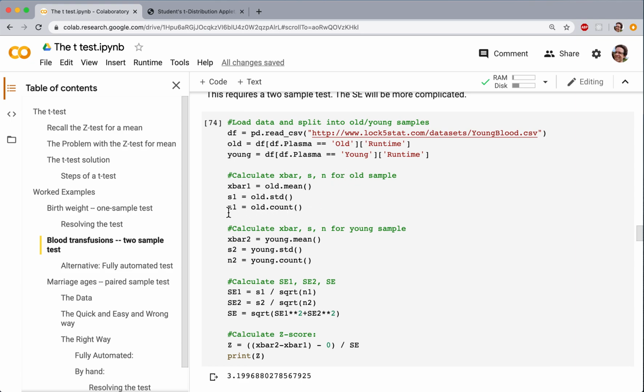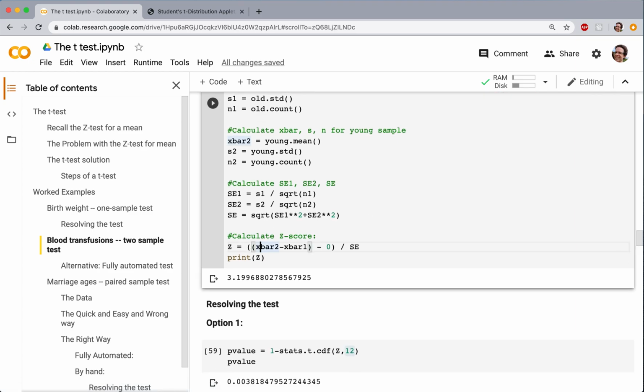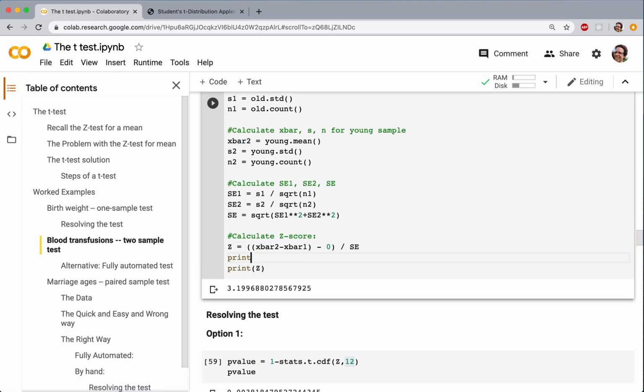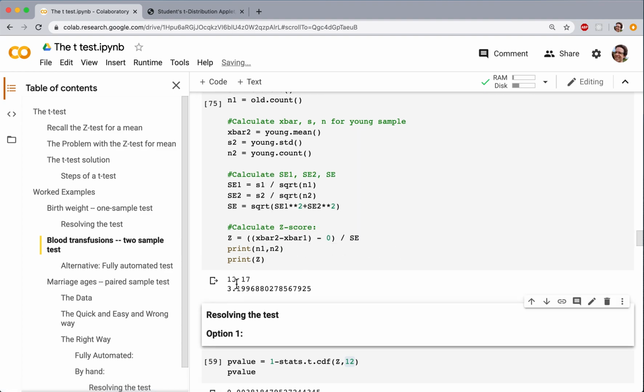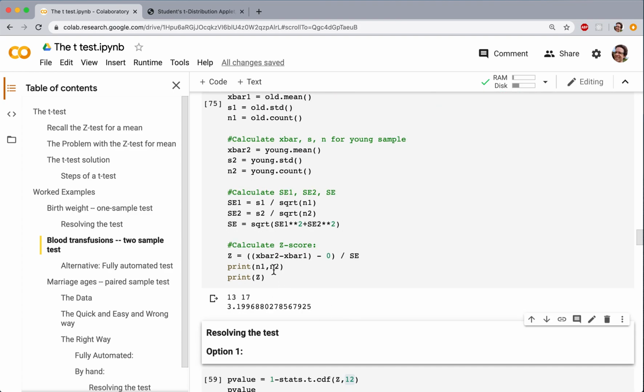We have n1 and we have n2, and I didn't print their values, but they turn out to be 13 and 17. So n1 is 13. There are 13 mice that are getting the old blood, and n2 is 17. There are 17 mice that are getting the younger blood. And so should we use 12 or 16 or some combination of those numbers? That's not at all clear.